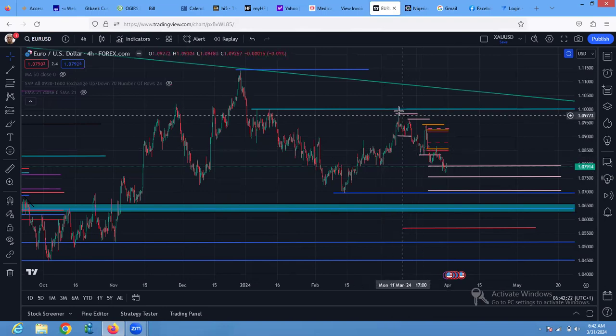So take this as an A of B, and within a B of B, so this may be seen as a B of B. I don't see this even coming here because on Dxy, the US dollar index, they are very close to this bottom. So I don't see this coming here. This may take reaction. This may break down again or not and go up.